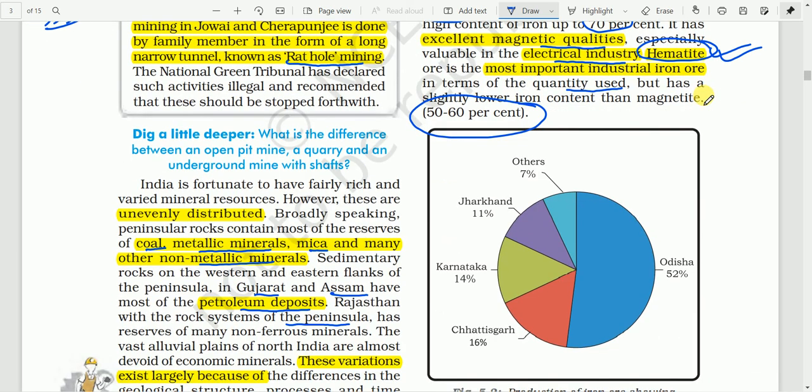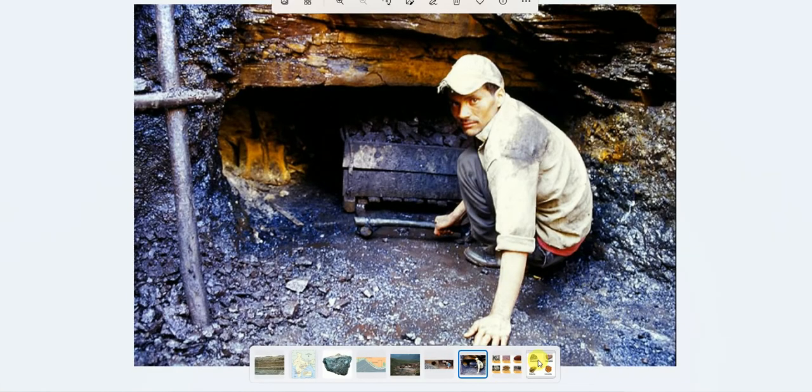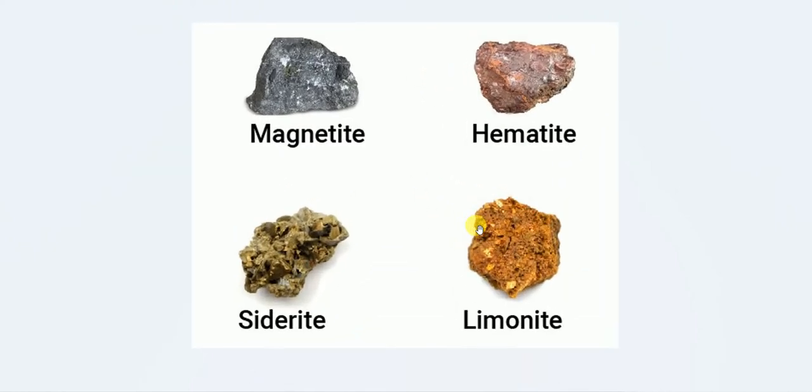In addition to magnetite and hematite, we have two other types of iron ore: limonite and siderite. I will show you the photograph here. See here, magnetite, the black color, the best quality. Then comes hematite, most commercially extracted. Then siderite.